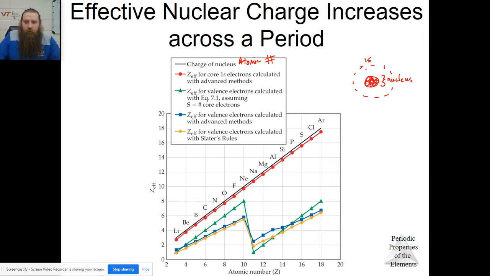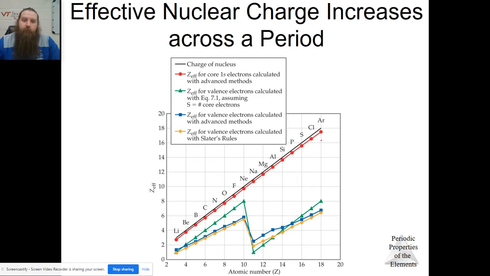There's no inner electrons between 1s and the nucleus. So if you were to calculate the core 1s electron's effective nuclear charge, it's just going to mirror the protons. Now, you notice it's a little bit lower, and you can see it's starting to tail off. I know it's because the size of the atom is getting bigger.